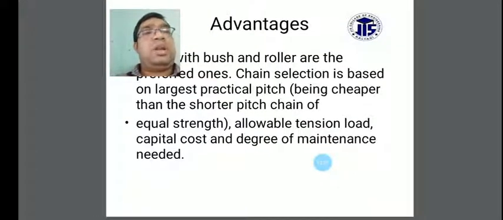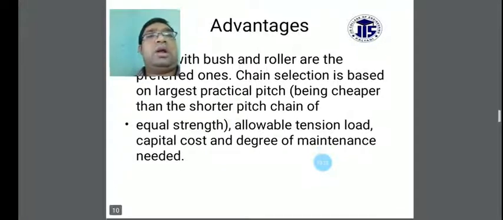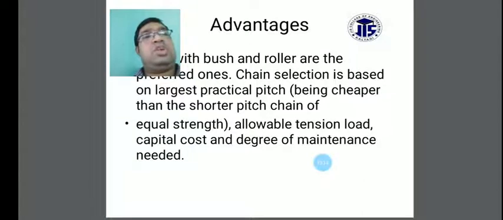For this there will be difficulties, and then the allowable tension loads, capital cost, and degree of maintenance needs. The allowable tension loads also have to be considered. This depends on your test, which load you can allow and which load you cannot allow on your link or chain.